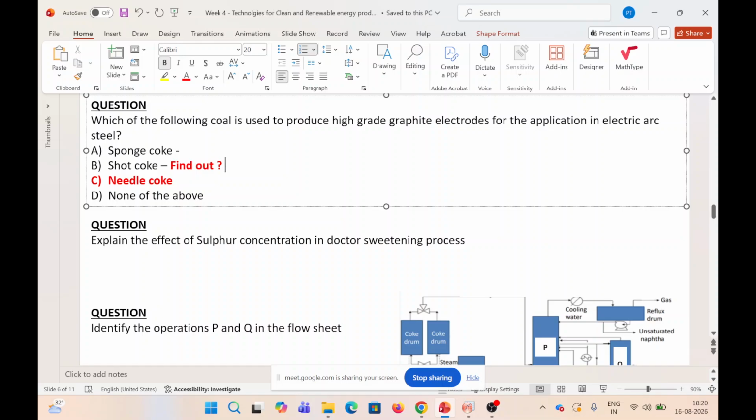I think this should be an easy one, right? In case of the Doctor sweetening process, what will happen if you have excess of sulfur?